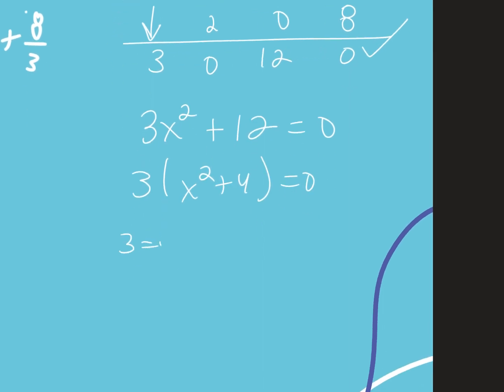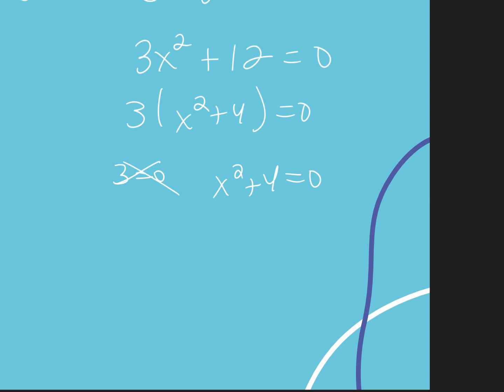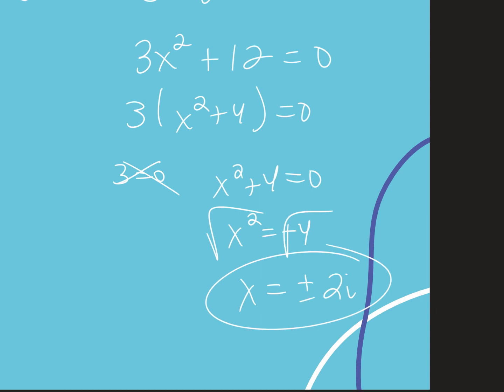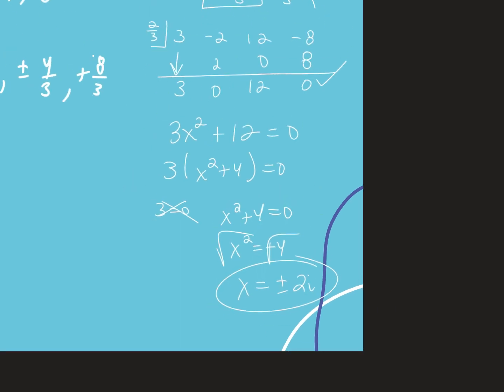So 3 equals 0. Is that ever true? No. x squared plus 4 equals 0. What happens? x squared equals negative 4. I take the square root. What does x equal? Plus or minus what? 2i. There's your other 2.